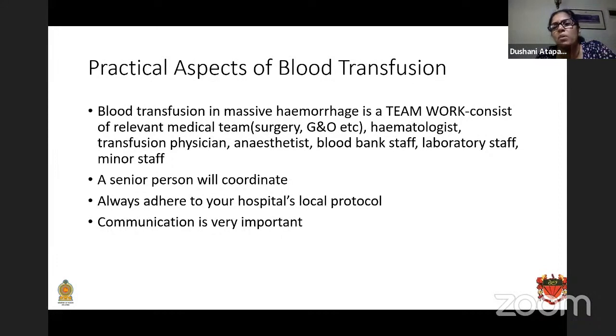All these are very important. Minor staff is so important, the porter. You have to send so many investigations to the blood bank, to the lab, and you have to get down blood and other products from the blood bank. So you have to send someone. It's a teamwork involving all these people.